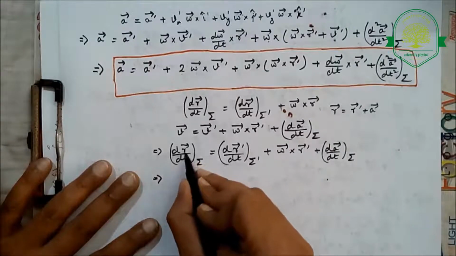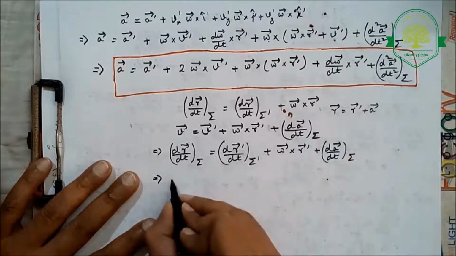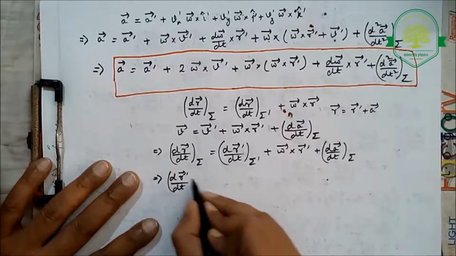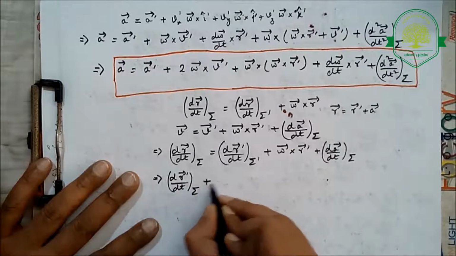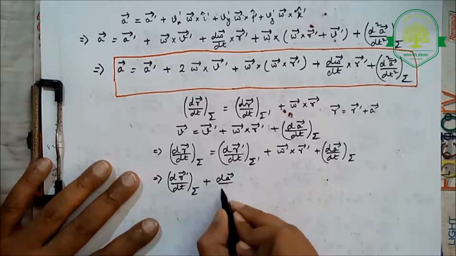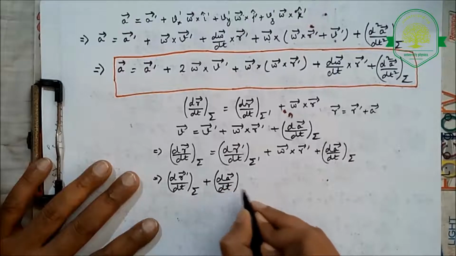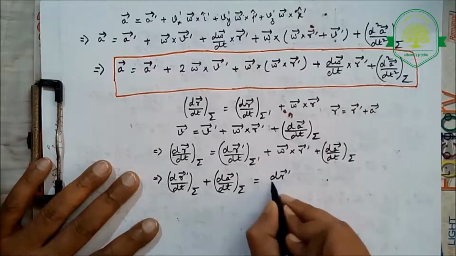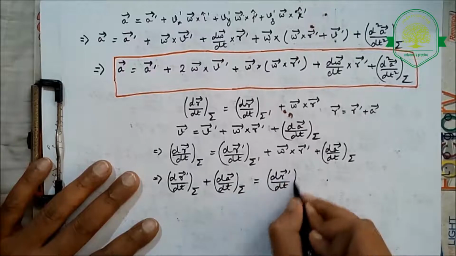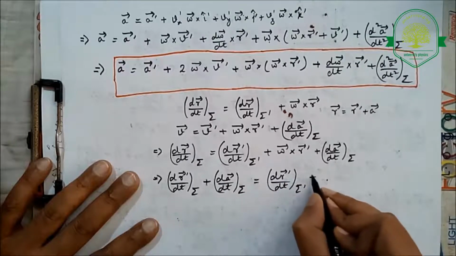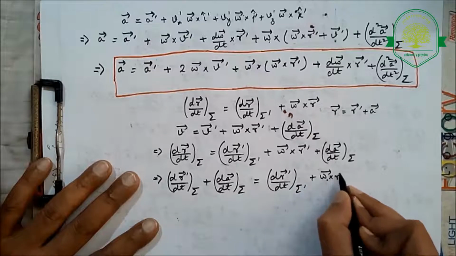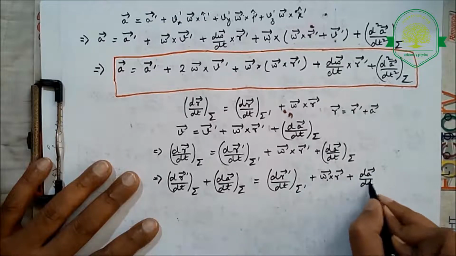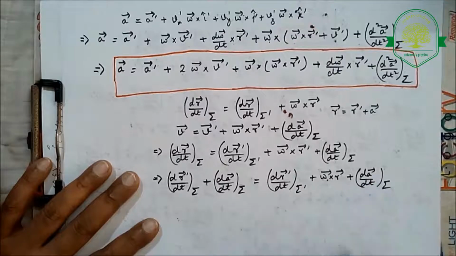So in place of r, if I substitute this, then I can say that dr primed over dt as seen from the sigma frame of reference plus dA over dt as seen from the sigma frame of reference equals dr primed over dt as seen from sigma primed plus omega cross r primed plus dA over dt as seen from sigma frame of reference.